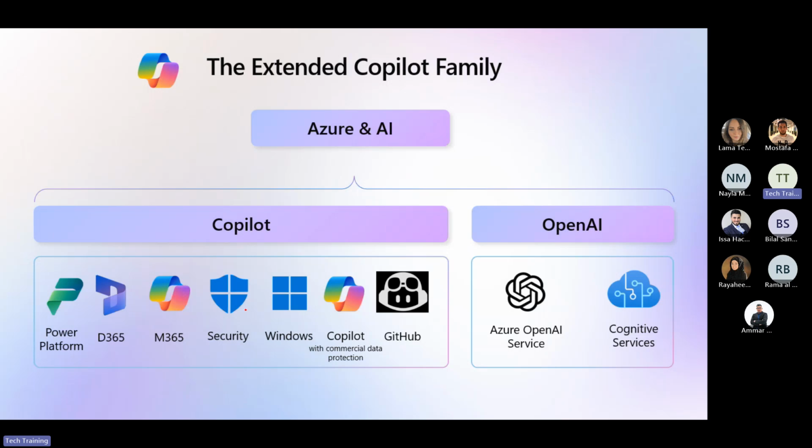Even without the Copilot license, we can use the Copilot that is in preview or the free version of all of these. And in addition to that, we can also work on the Copilot that is coming from the Azure OpenAI service and the cognitive services. All of these are versions or parts of the family of the Copilot.